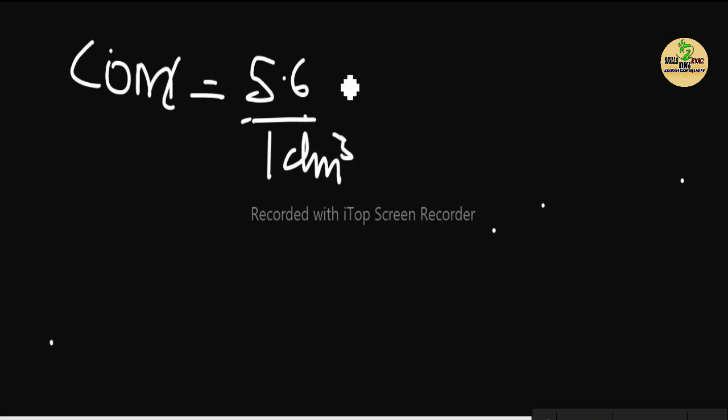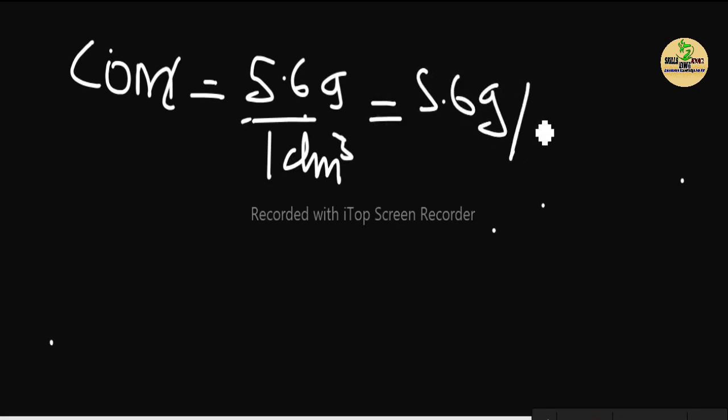This is gram. Almost to be 5.6 gram per decimeter cube.